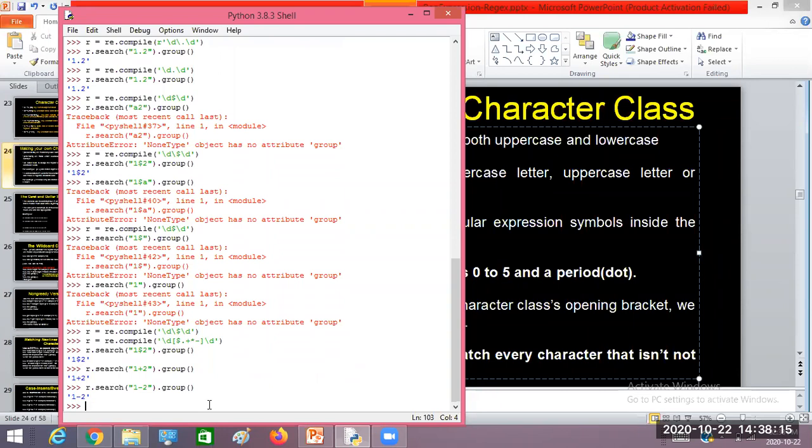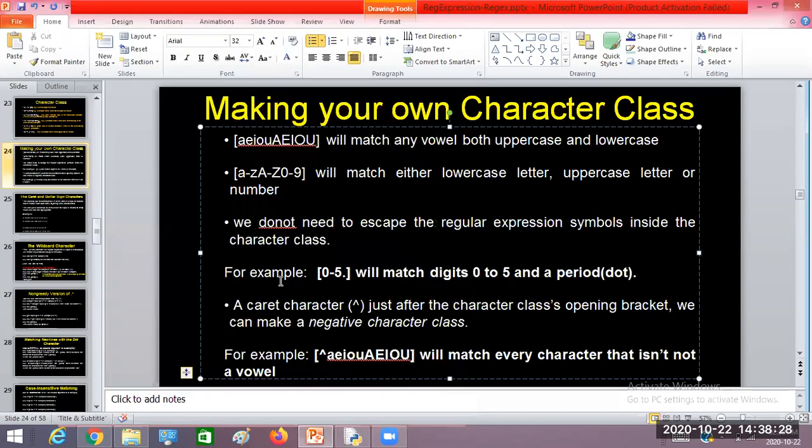A digit followed by one of the symbols from this character class, that is dollar or dot or plus or star or minus. So this character class can help us to take the literal meaning of the special characters, right?